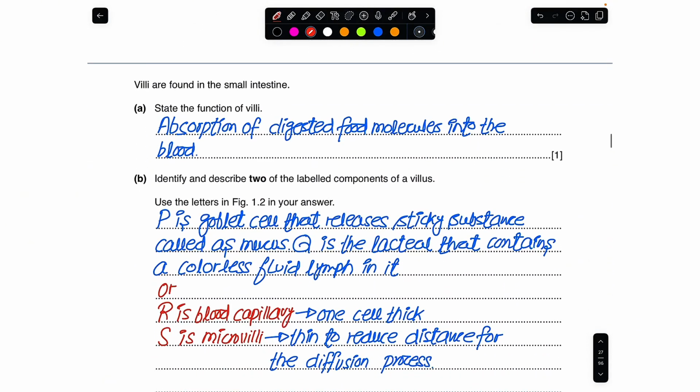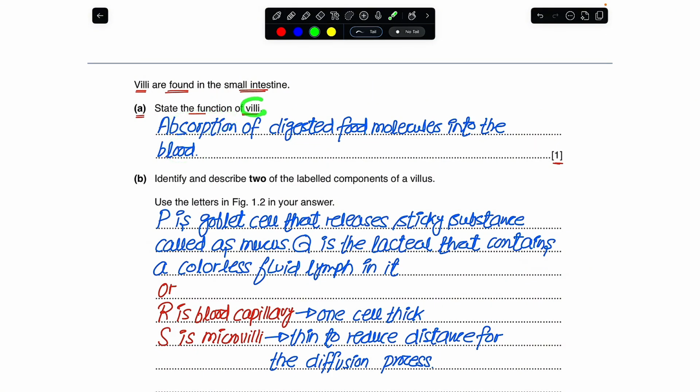Now, if I take you to the questions, for the A part, they tell you that the villi are found in the small intestines, and for 1 mark they ask you the function of villi. The functions of the villi are numerous. The most prominent one is that the food molecules that we have digested are absorbed into the blood.